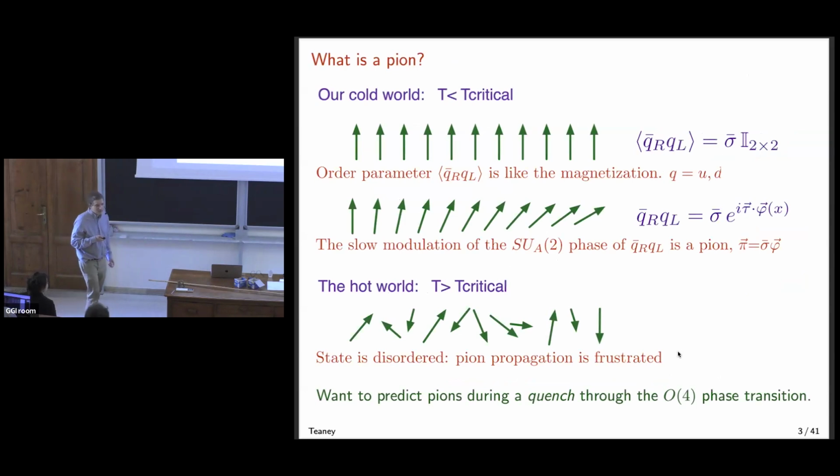Just to set the stage, let's remind everyone what exactly is a pion. The order parameter in QCD is q bar q, where q is u and d, and q bar q then is this little 2 by 2 matrix.